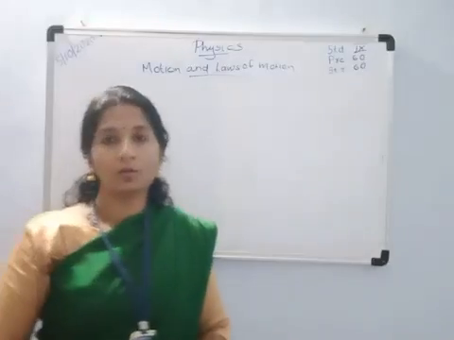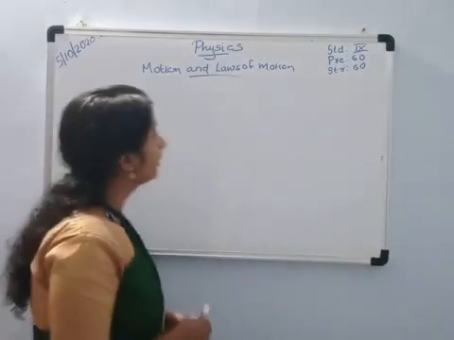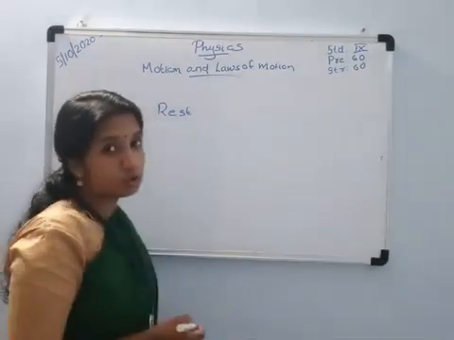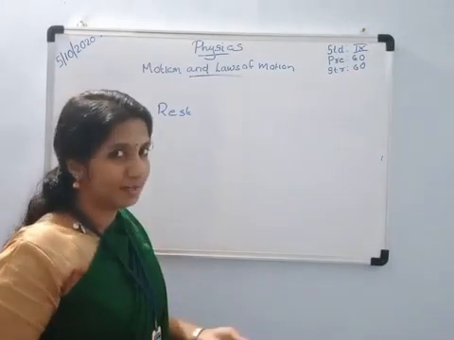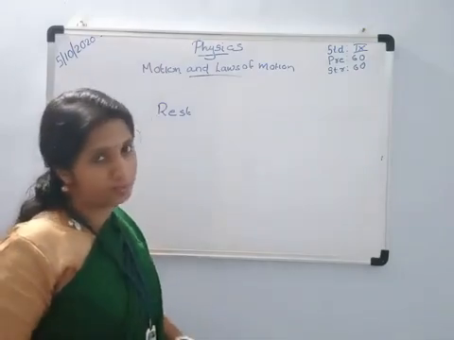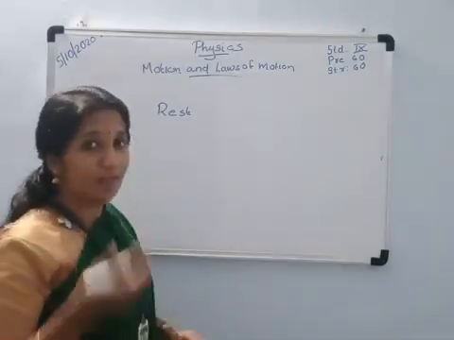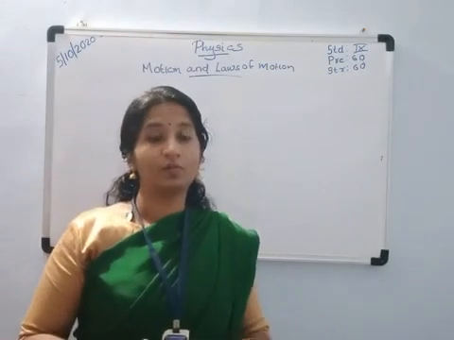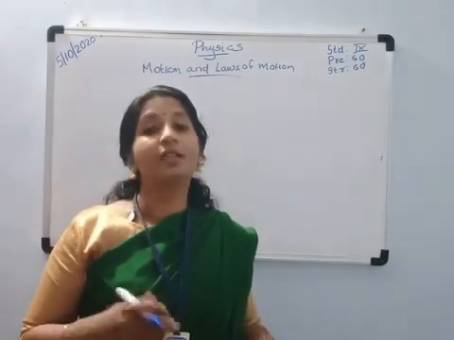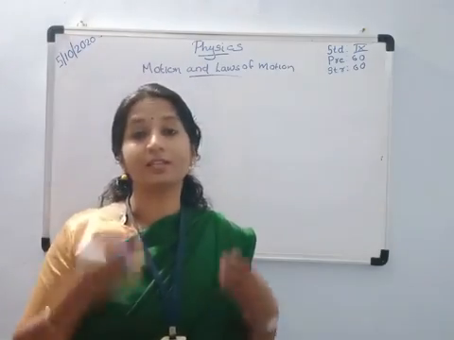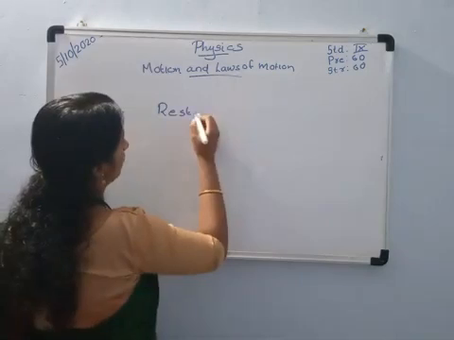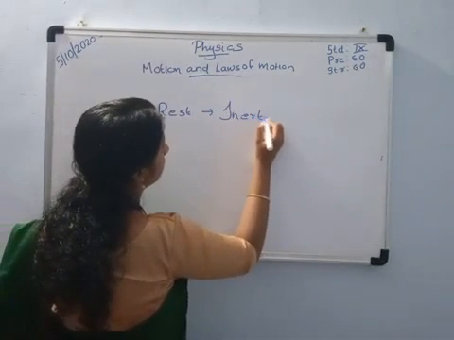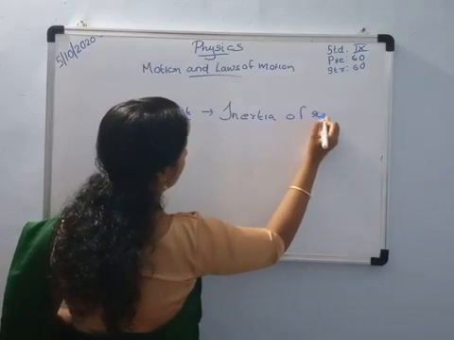So, you have learned that at first the bottle was in a state of rest, and it showed a tendency to remain in its state of rest. As a result, it fell down. So, if a body at rest shows a tendency to remain in its state of rest, that property is called inertia of rest.